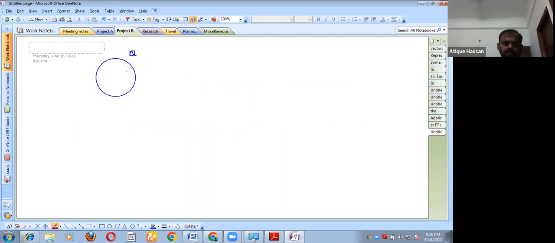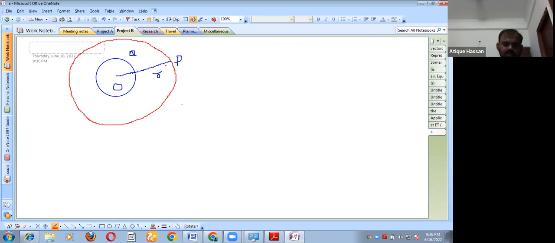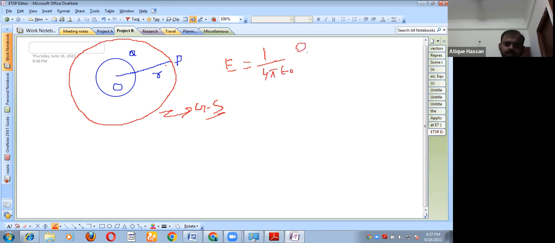Suppose there is a point P at a distance R from the center. We have considered a Gaussian surface of radius R, and you may have found the electric field as 1 by 4 pi epsilon naught capital Q over R squared.